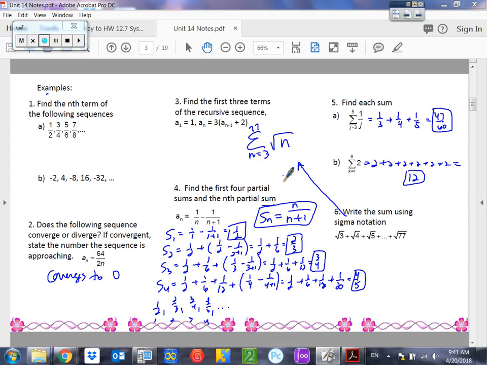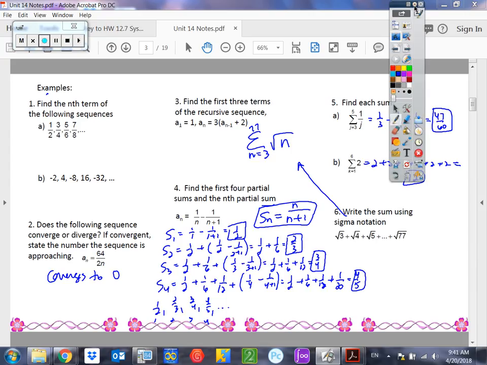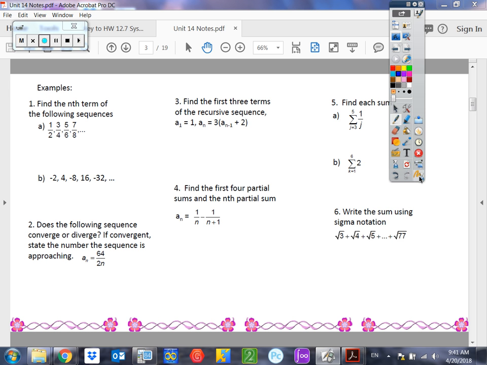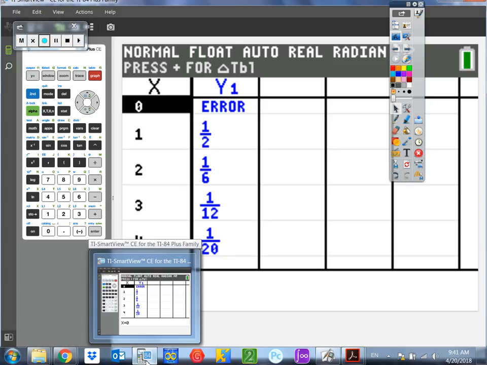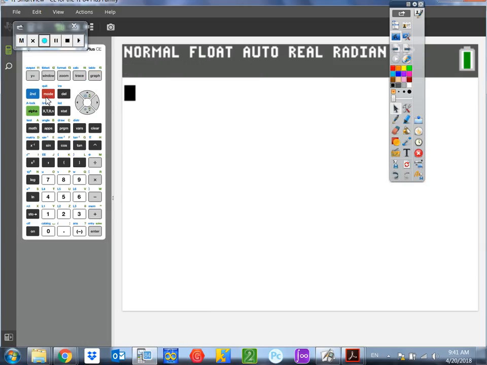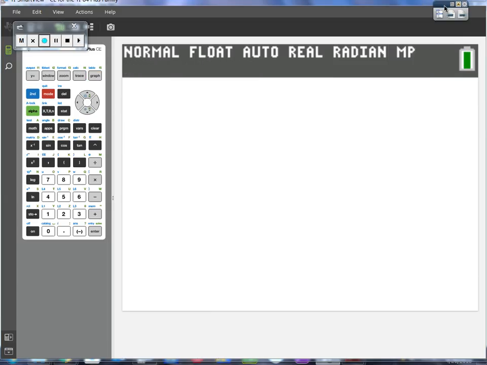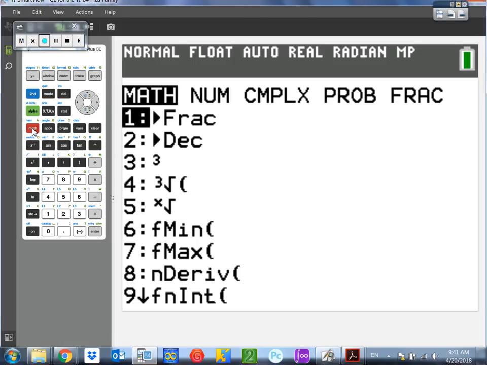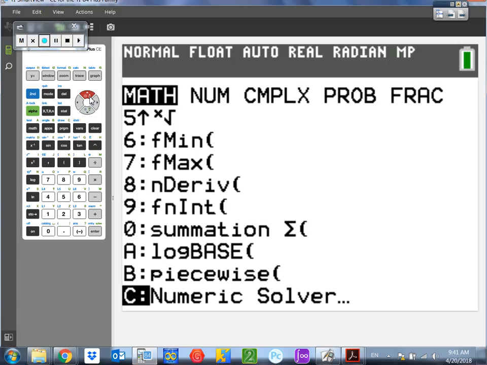So let's go to the calculator one more time and look where the summation is. We're doing this one, and we got 47/60ths. Let me erase and go to the calculator. All right. Let's go to a clear screen. The summation is under math. It's down at the bottom, down here. See right here?